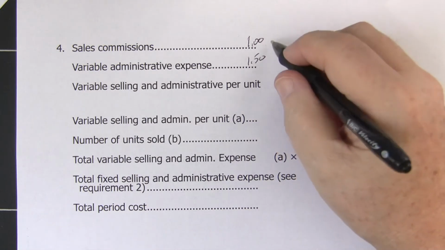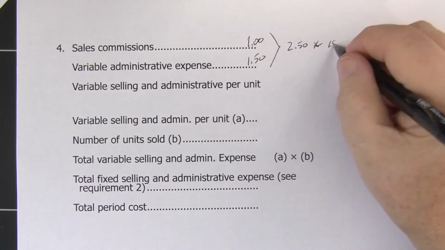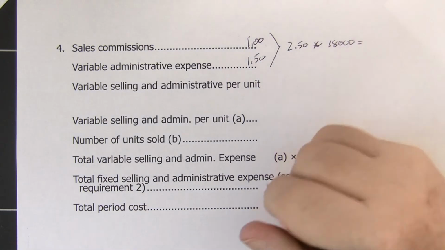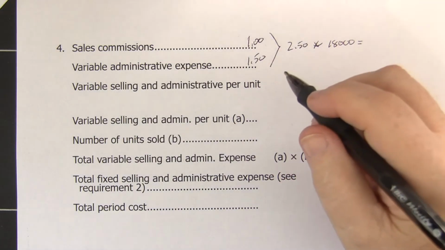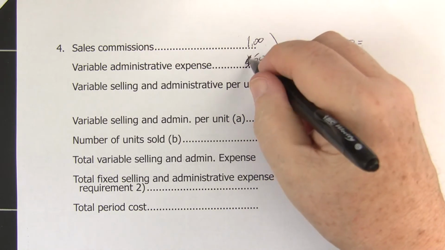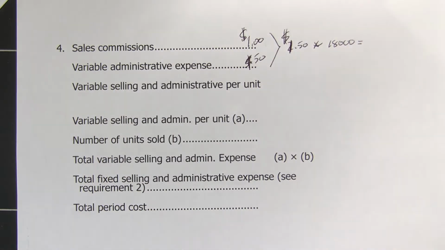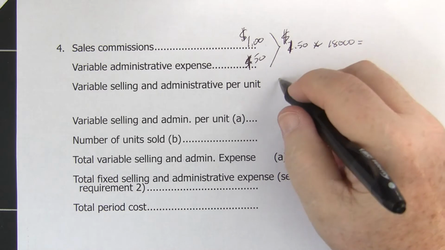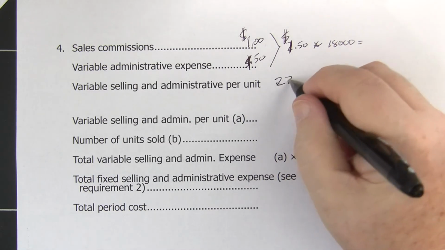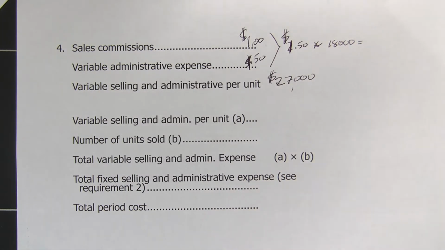And if we sell 18,000 of them, we come up with, I'm sorry, I lied to you. This is not $1.50, it's 50 cents. That's $1.50 in total. So if we sell 18,000 of them, that comes to $27,000. That's our variable SG&A to sell 18,000 units.